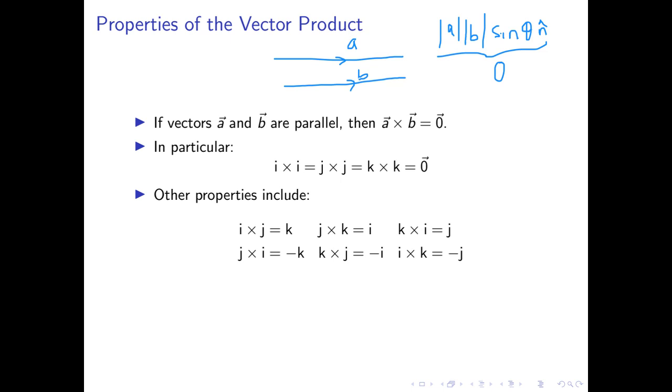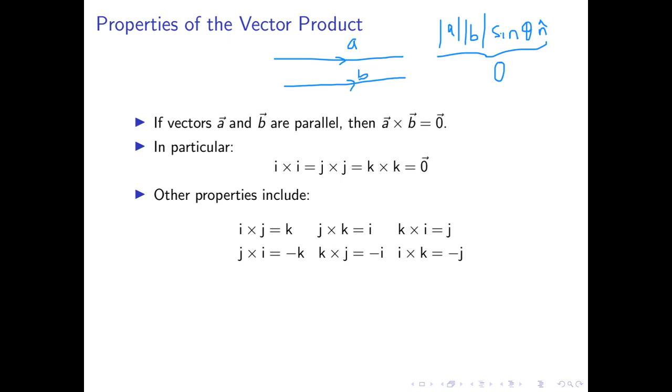All right, let's go on with component terms now. Unlike scalar product, where i dot i is 1, j dot j is 1, k dot k is 1, for vector product, i cross i is 0, j cross j is 0, k cross k is also 0. Other properties which we would be using for calculation will be your i cross j, which will be k, j cross k is i, k cross i is j.